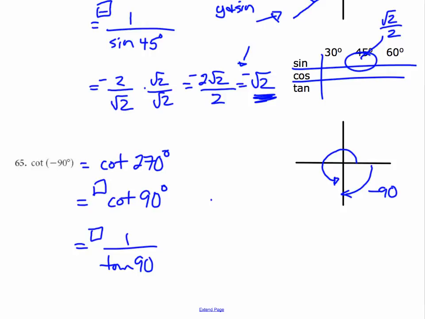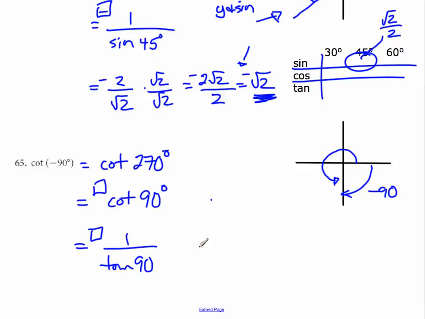sign change if needed. So the tan of 90, I could just do that on my calculator, go tan 90, and then flip it over. Tan 90 should come out to, the tan would be y over x. So the tangent of 90, that's sort of a funny one.